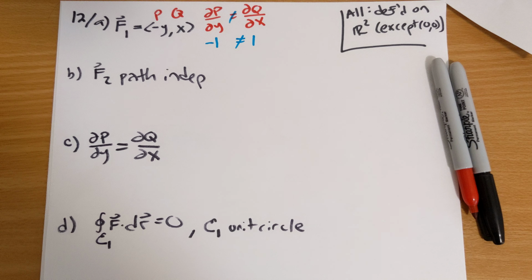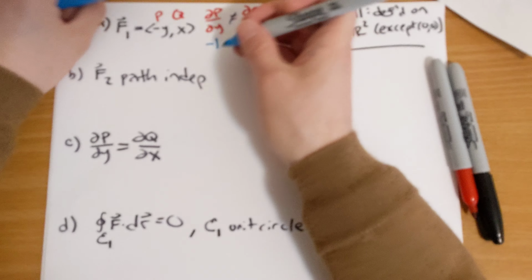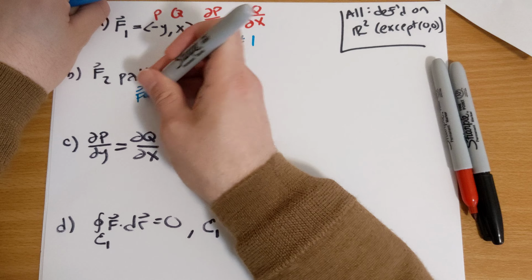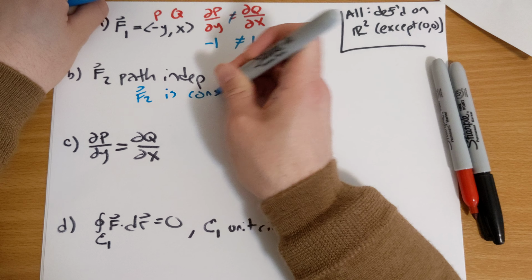The second one is F2 is path independent. The line integral along any curve C of F2 dot dr is independent of path. This means F2 is conservative.